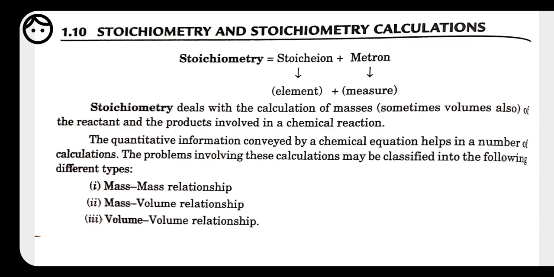This calculation is based on three different types of relation, that is mass relationship, second we have mass volume relationship, and third we are having volume relationship. In the next class I will explain how to calculate the formula or the amount of substance which are going to form with the help of this stoichiometry of chemical reaction or stoichiometry coefficient calculation.